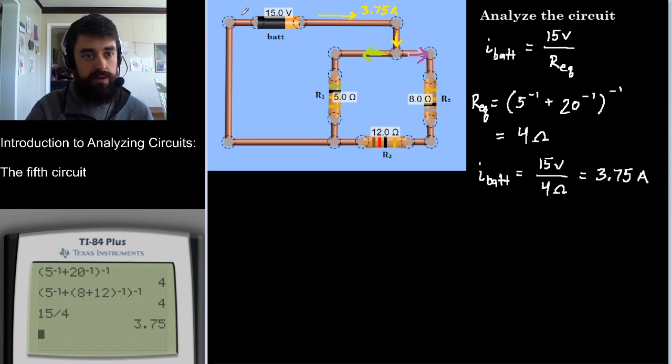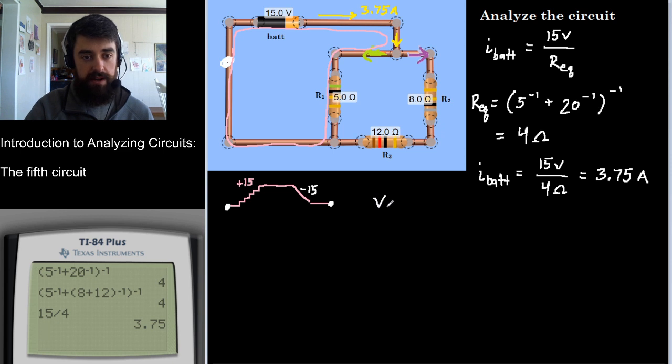Let's think about loops. Starting at this point, let's make a loop. This loop, which is pink, is going to go around like that. The pink loop encounters a 15 volt gain, and then there's going to be one loss at this resistor, a voltage drop. So I know that the 5 ohm resistor is going to have negative 15.